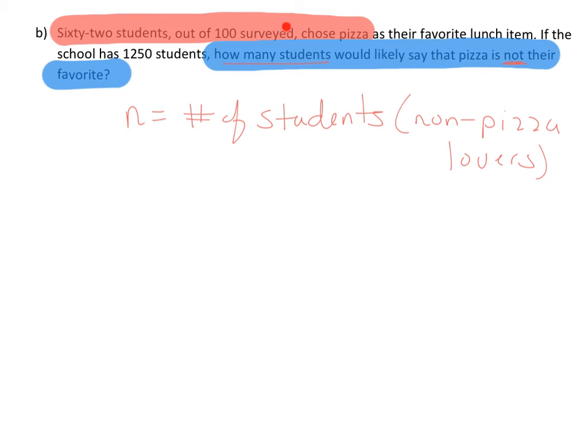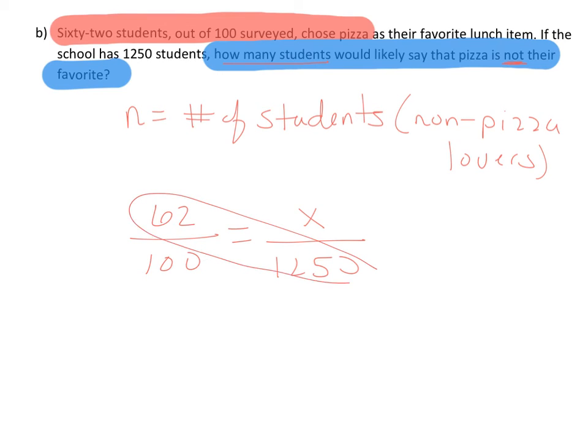So right here is a relationship. 62 out of 100 like pizza. So then how many out of 1,250? So again, I've got totals, in this case on the bottom. I had 62 out of 100 total, so here's a total. And now I'm looking for the entire school of 1,250, another total. Okay, now we're going to take a look at this not part here in just a second, but I've got a proportion set up, so let's go ahead and cross multiply this.